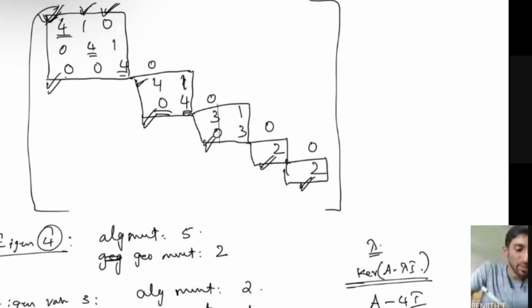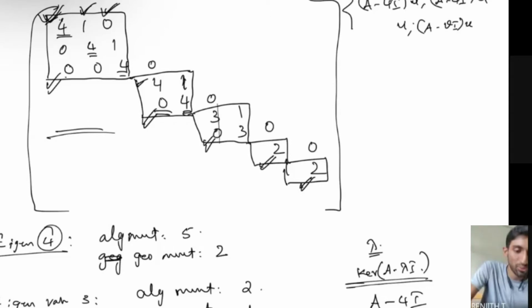Okay, so here the basis for the first part will be (A minus 4I) squared u, (A minus 4I) u, and u.